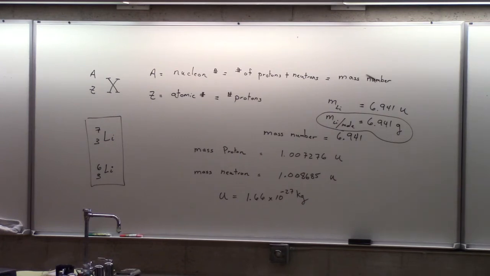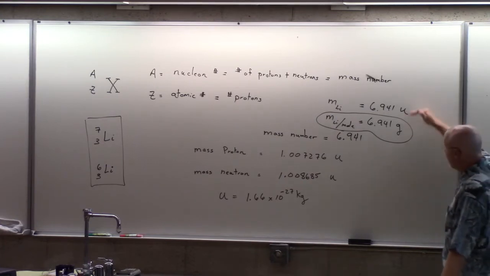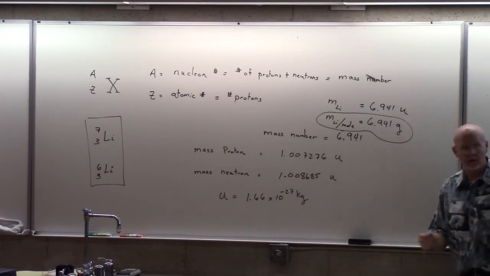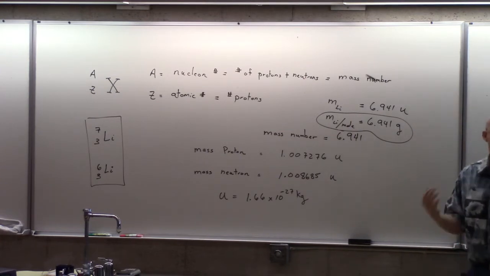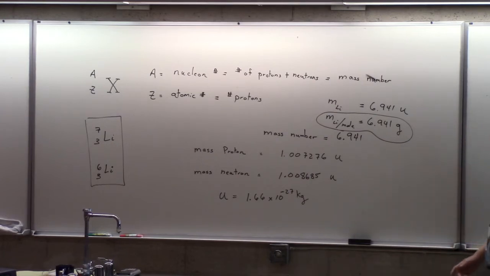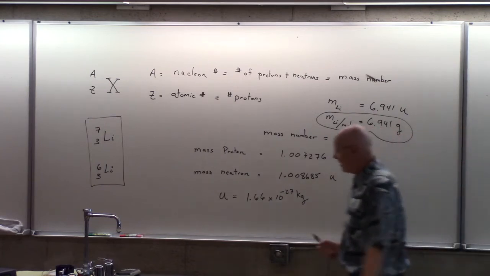And I have a feeling most of you have come across that part of the periodic table. And that's the mathematical connection between the atomic mass unit and what I will call the standard unit for the metric system, the gram. And so that's why we put them in a big 1 mole setting.